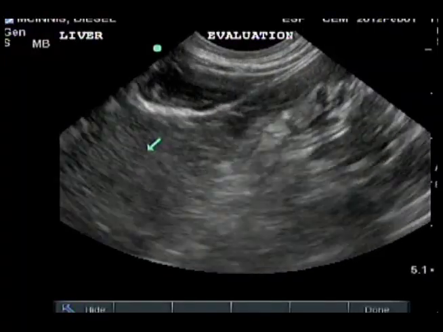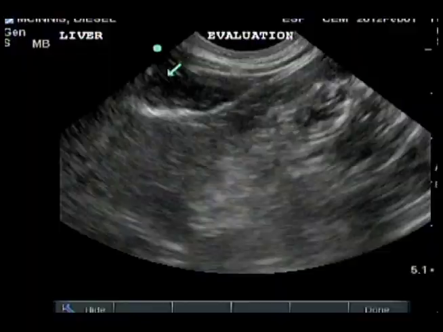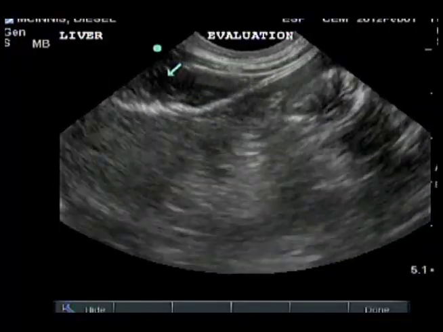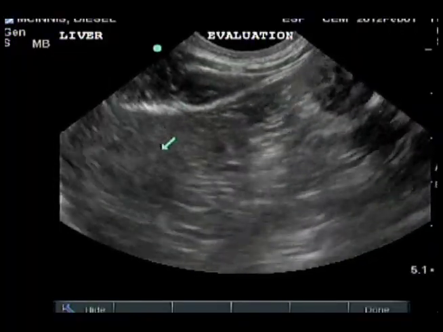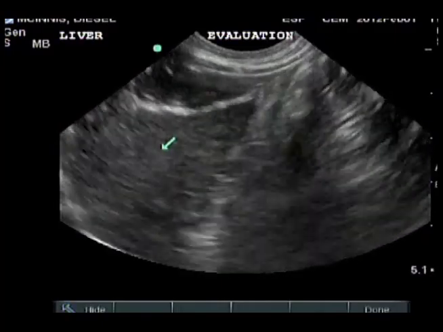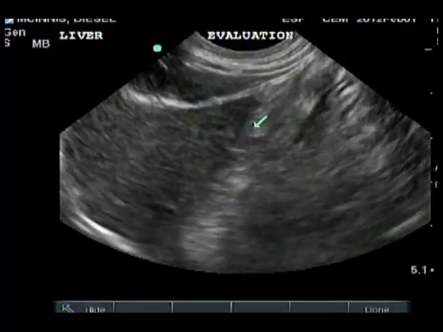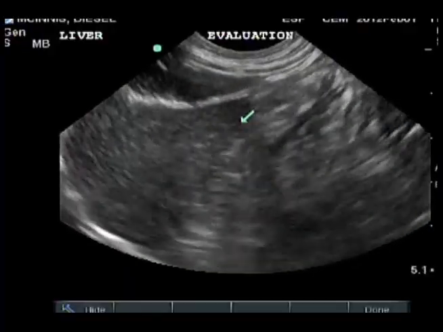The liver is homogeneous except for blood vessels. If falciform fat is seen, the normal liver is the same echogenicity as falciform fat. The caudal and ventral edges of the liver are very angular.